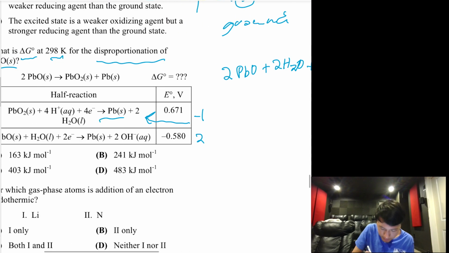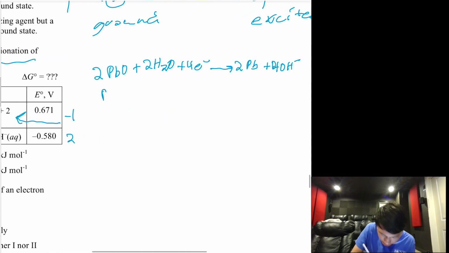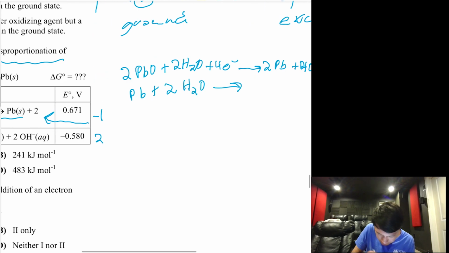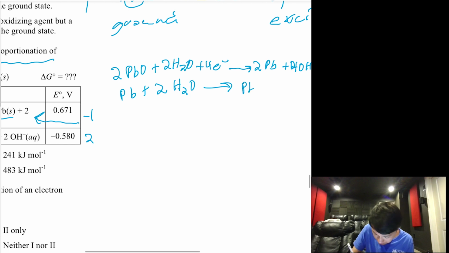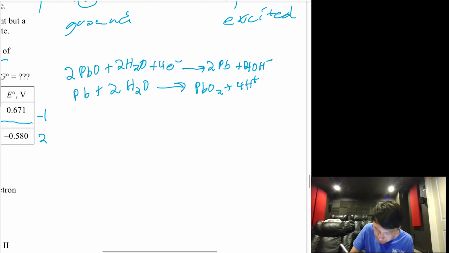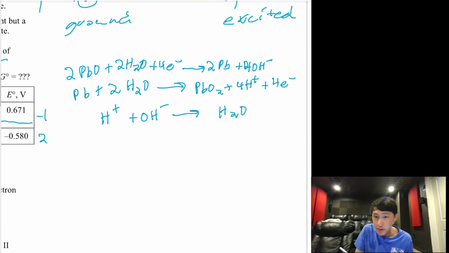Now if we add the reverse of this reaction, we're going to have Pb plus 2 H2O, and that's going to yield PbO2 plus 4 H+ plus 4 e-. And then we're going to add the reverse of the autoprotolysis of water, so that's going to be H+ plus OH-, and that's going to go to water, and then we're going to need to multiply this reaction by 4, so we have 4 H+, 4 OH-, and 4 H2O.